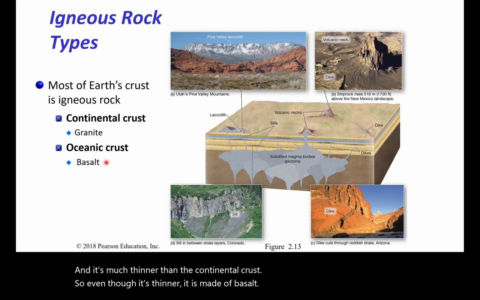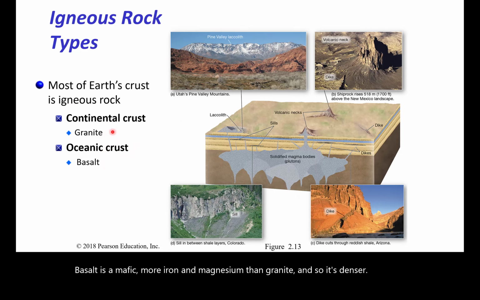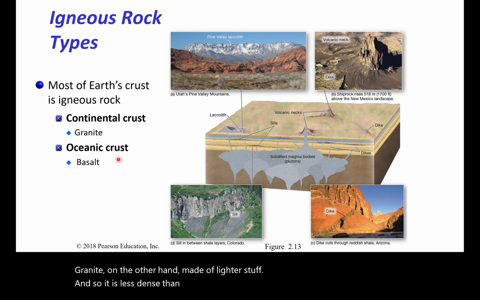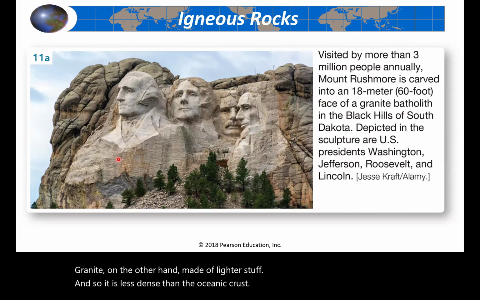Basalt is mafic, more iron and magnesium than granite, and so it's denser. Granite, on the other hand, is made of lighter stuff, and so it is less dense than the oceanic crust. So those are our igneous rocks.